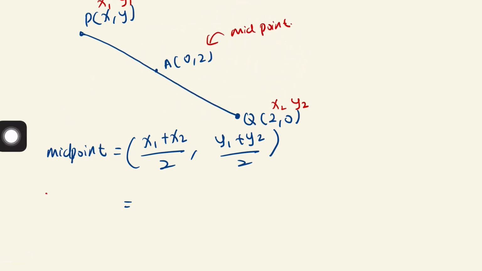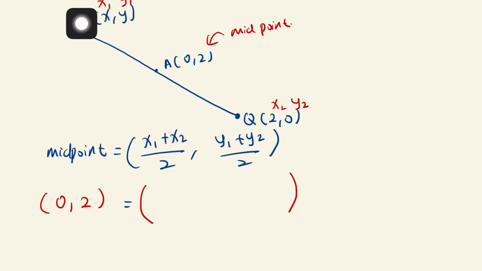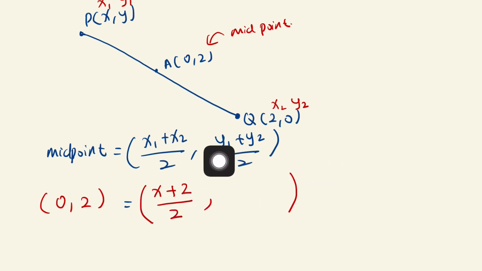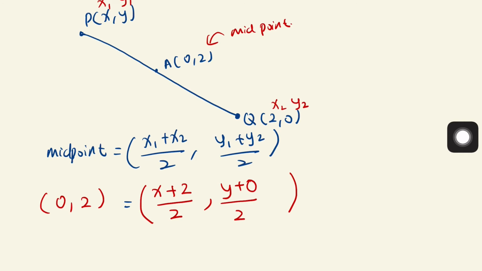So kita tulis sini 0, 2. And then kita cuba selesaikan yang ni. So x1 is x kan? X2 is 2. Sebab tu dia buat x plus 2 divide by 2. Sebab kita nak tengok komponen x ni. X1 plus x2 divide by 2. And then y1 plus y2, y2 is 0. Plus 0 divide by 2.